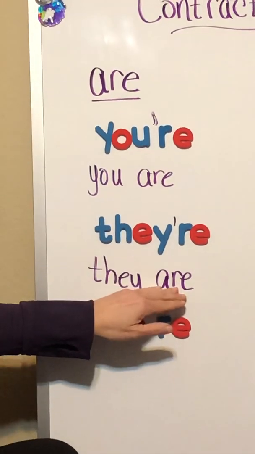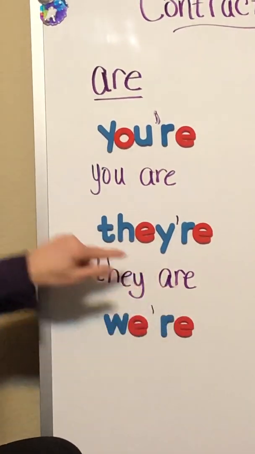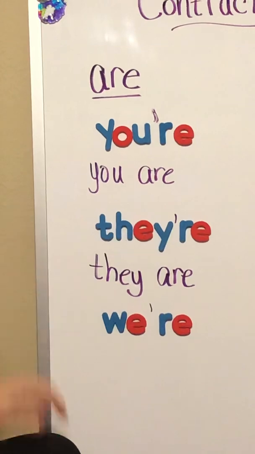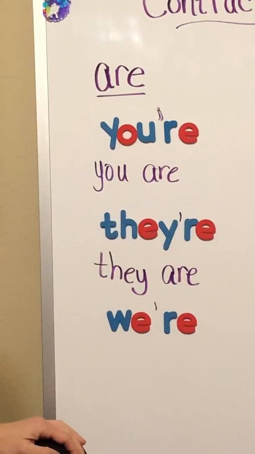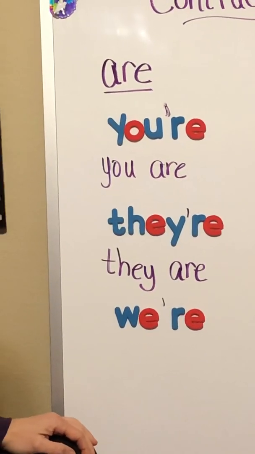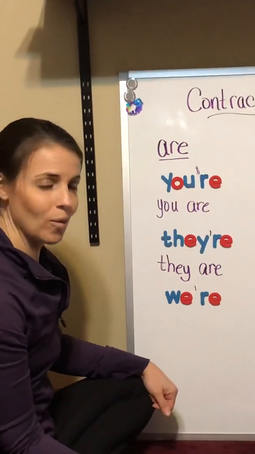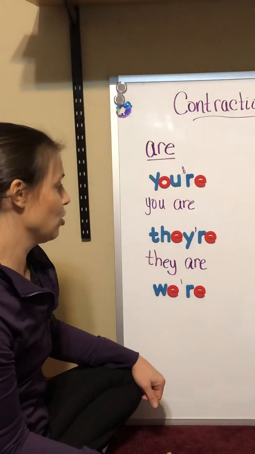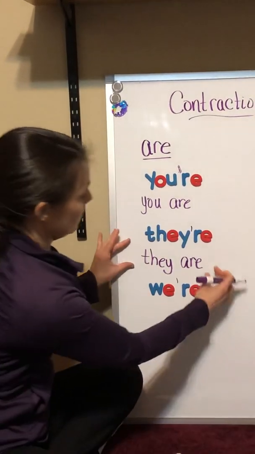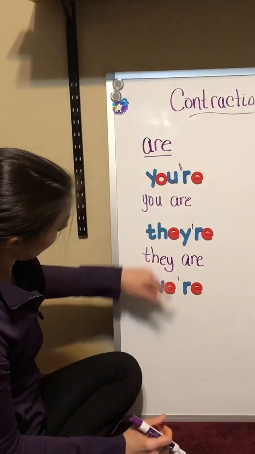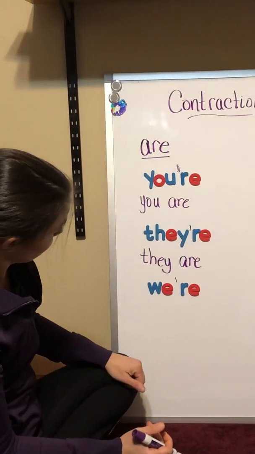So they are is contracted to make the word they're, such as they are doing school at home today, or they're doing school at home today. We brought they are together, we took out the A and replaced it with an apostrophe.